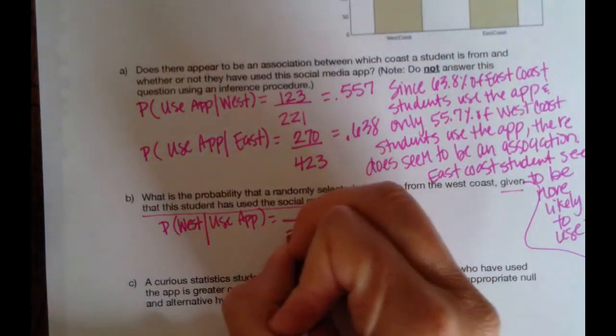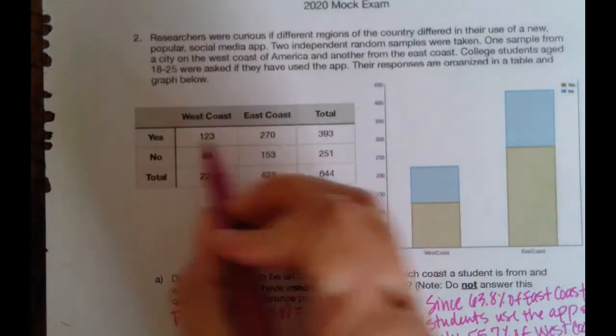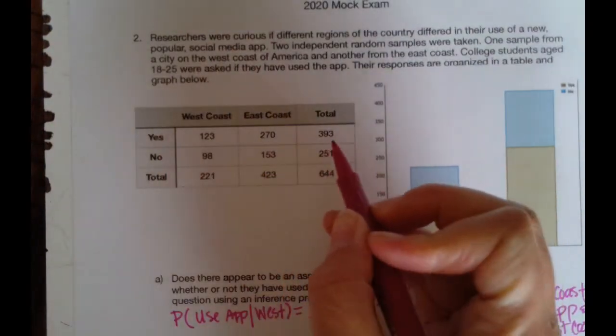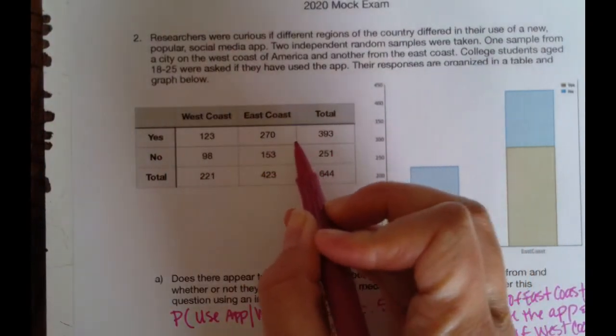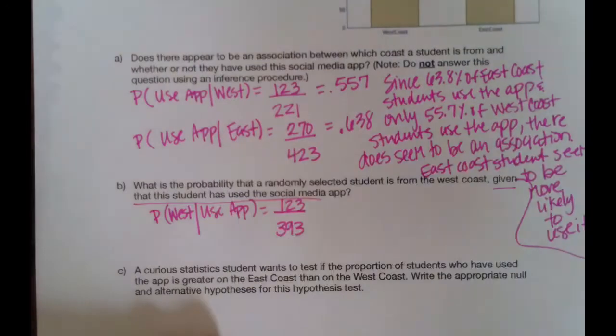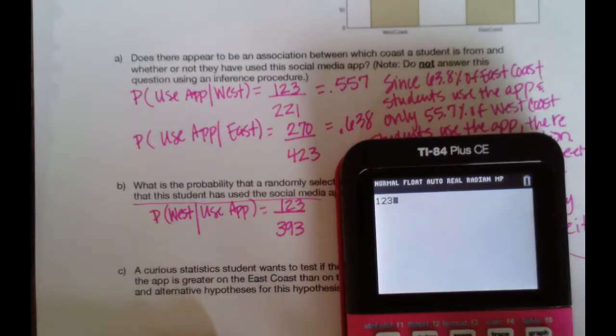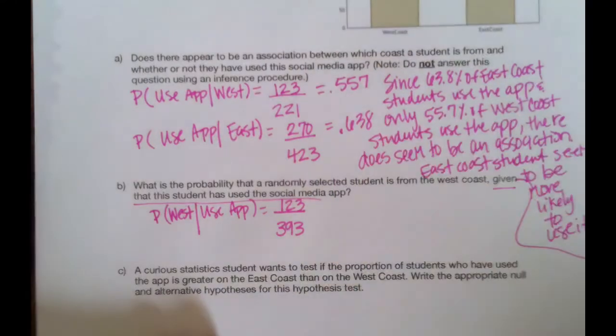So that is the conditional. We're not looking at anybody else besides the people that use the app. So what's the probability they're from the West Coast? How many are from the West Coast that use the app? 123. So 123 divided by 393 is 0.313.